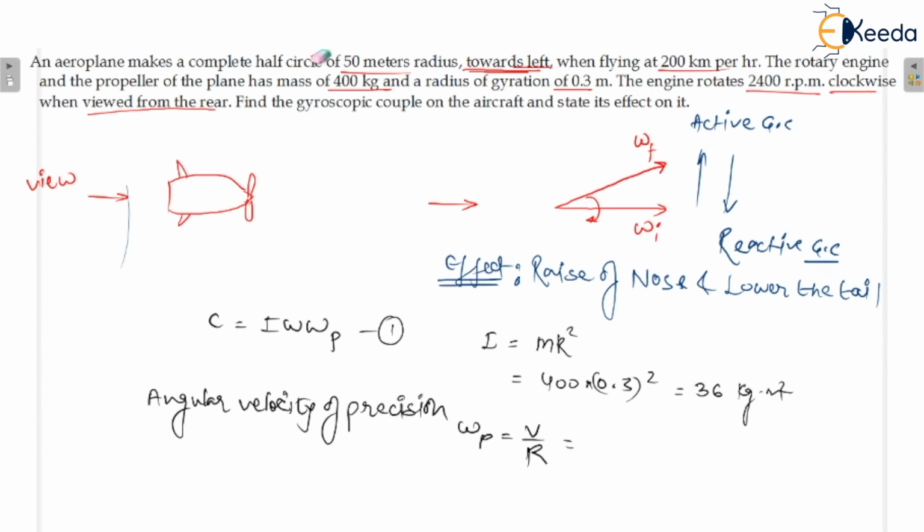We need to convert it into meter per second. So let me consider V is equal to 200 kilometer per hour. That would be multiplied by 5 by 18. So from here you can get the value of velocity in meter per second. That comes out to be 55.6 meter per second.